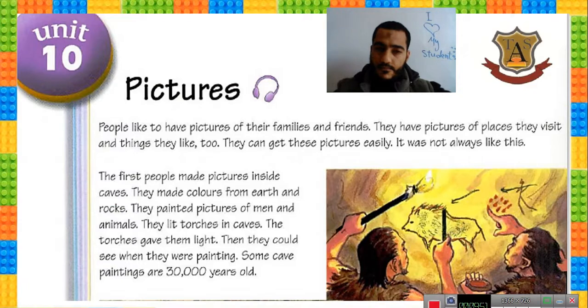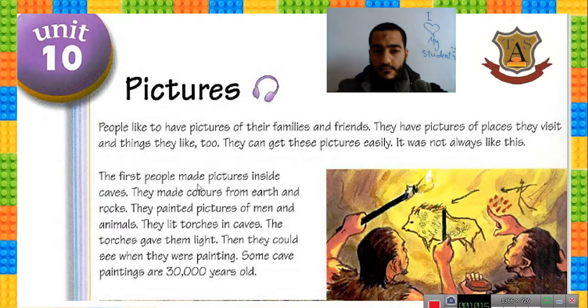CD 2, Track 1, Unit 10. Pictures. People like to have pictures of their families and friends. They have pictures of places they visit and things they like too. They can get these pictures easily. It was not always like this.